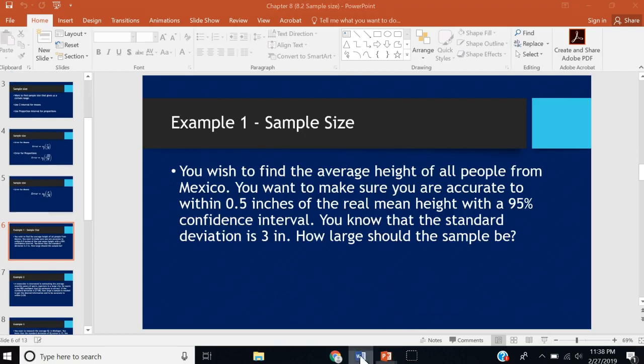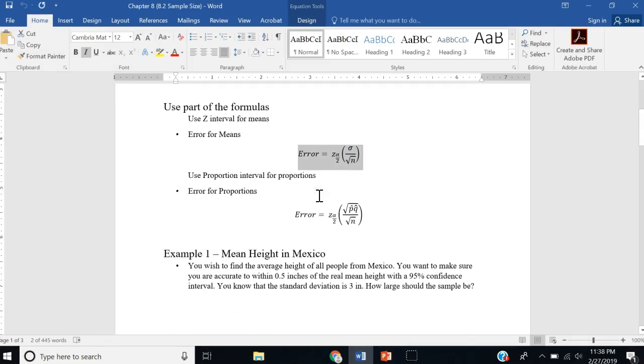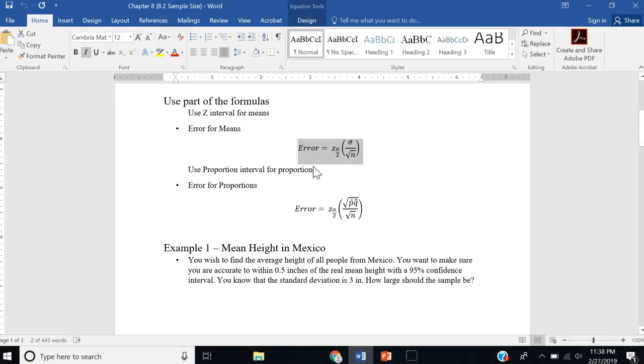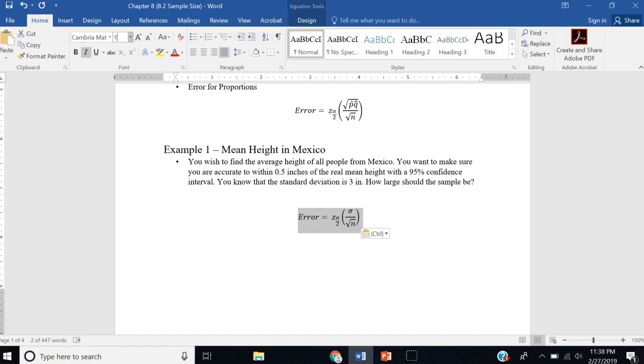So here's how we do it. We go grab this formula. Obviously, we're talking about the average height in Mexico. So since I'm talking about the average height in Mexico, we're going to use the formula for the z-interval. Okay?